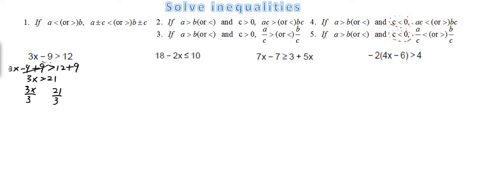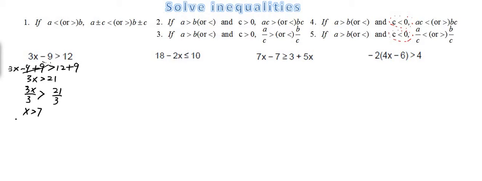We keep the sign the same. If here is greater than, here should be greater than. We just follow rule number 3, and we can simplify it: x greater than 7. That's the solution.